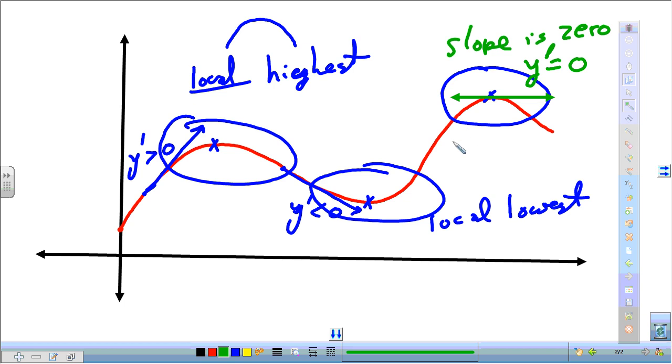So at a local peak, we have increase to decrease. We would have that picture. Local valley, decrease to increase. So these particular best or worst, depending on the interpretation, settings would be found where the derivative is 0, but we would have to have this change in direction.